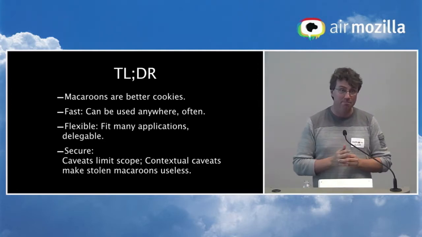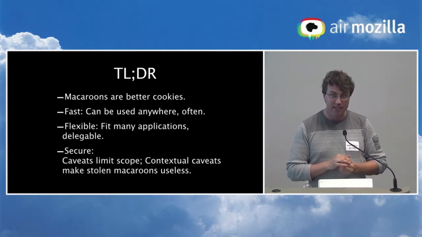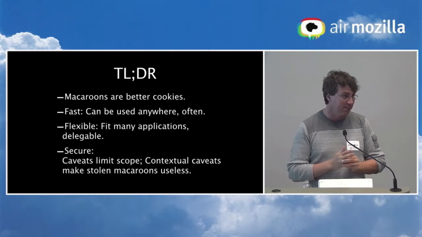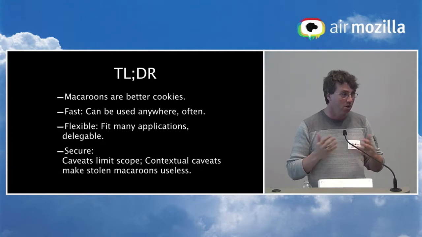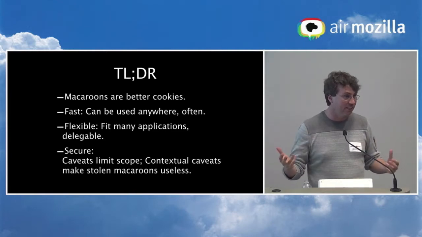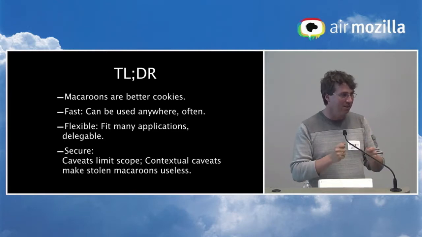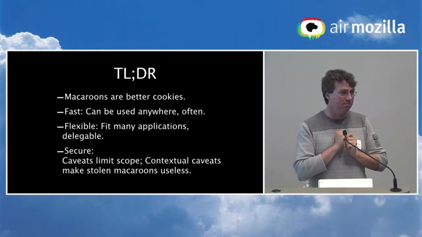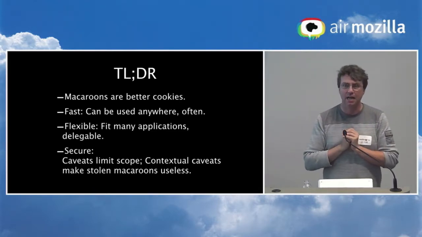macaroons are fundamentally better than cookies as used on the web today. They're fast. They can be used anywhere, as often as you like, per request. So no longer do you have to worry about creating a credential that lasts for a long time and is usable in many contexts. Instead, bind it to exactly the context it's being used from, make it last only for a brief period, and then send it over.